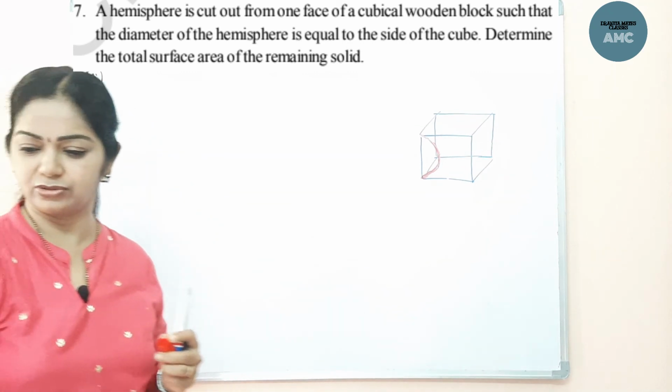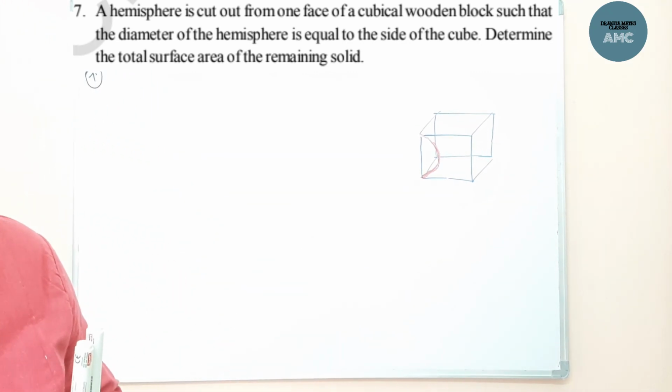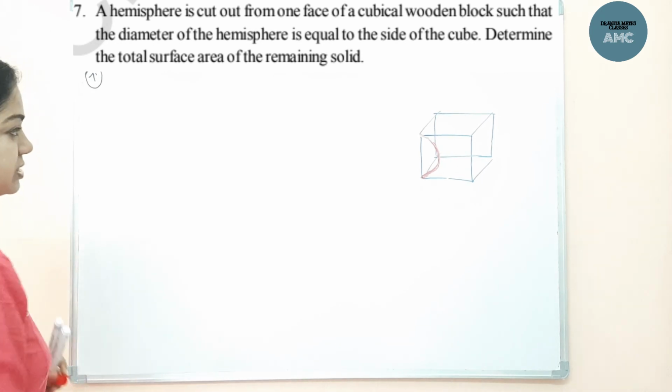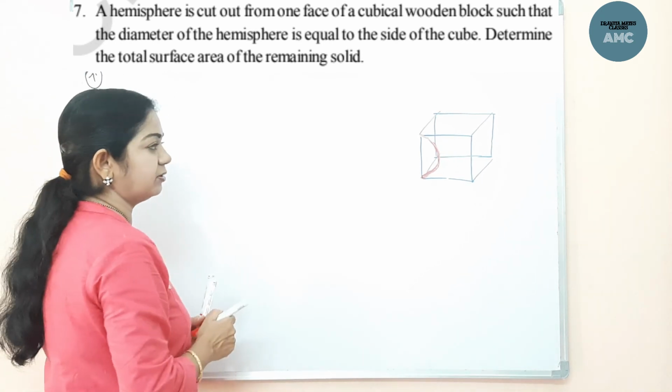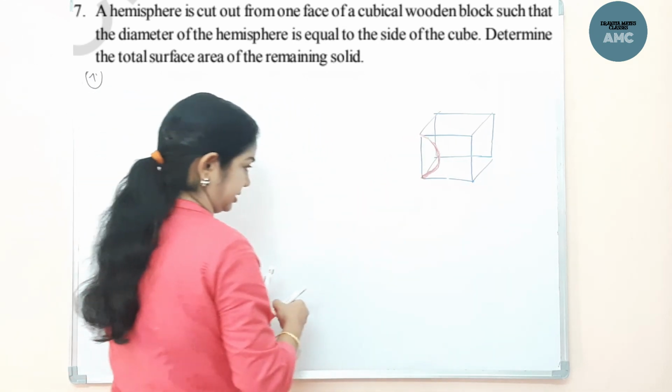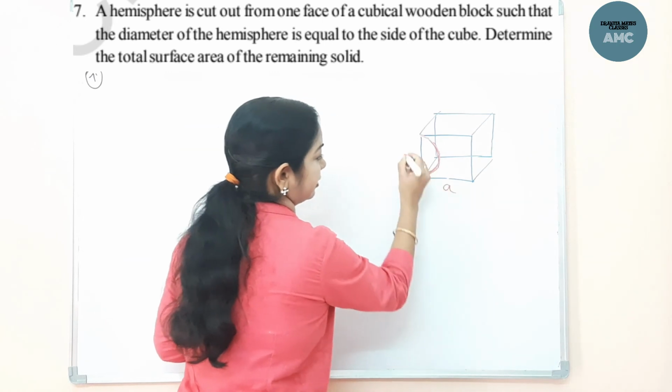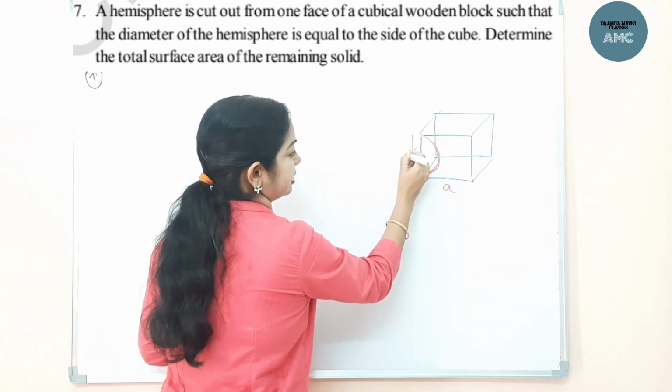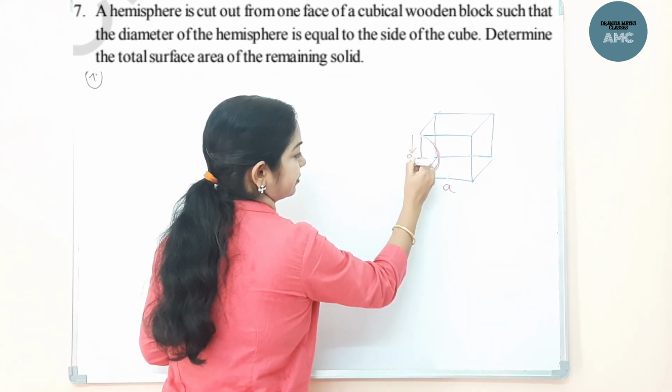Now we have to determine the total surface area of the cube. If it is a cube, the side is a, and all sides are a. Now here, this is a.